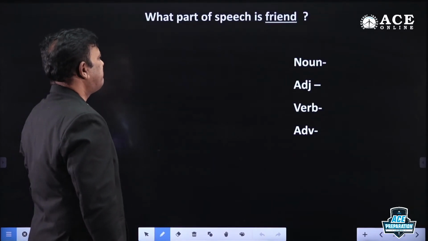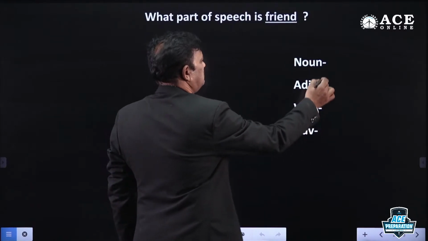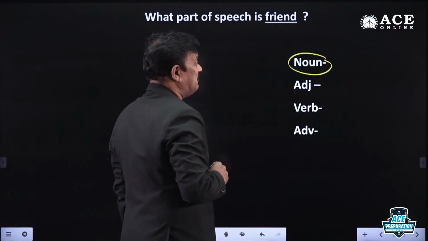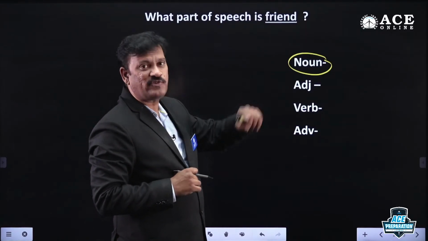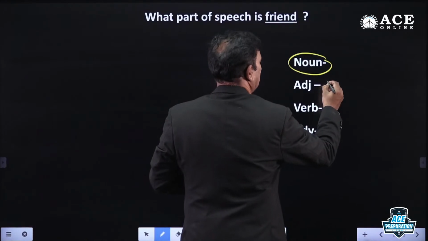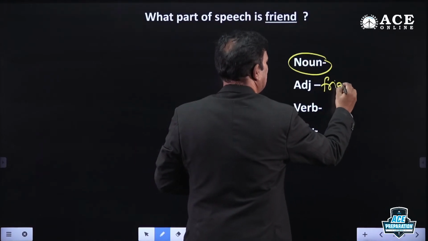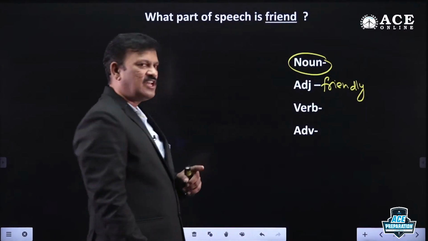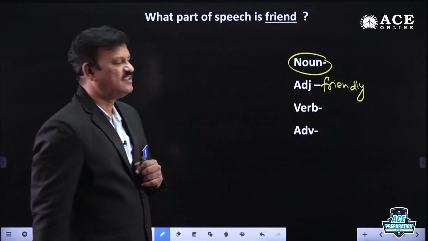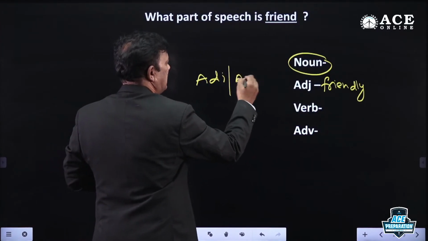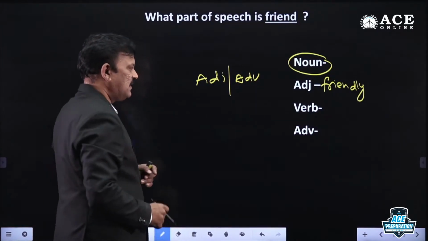What part of speech is friend? Noun. And what is the adjective form of friend? Friendly. There is one more session on adjective and adverb confusions.